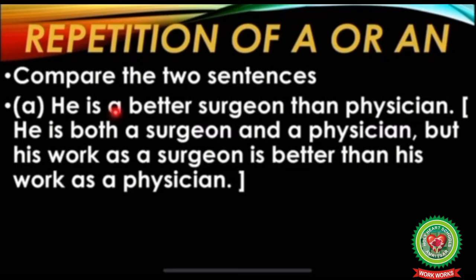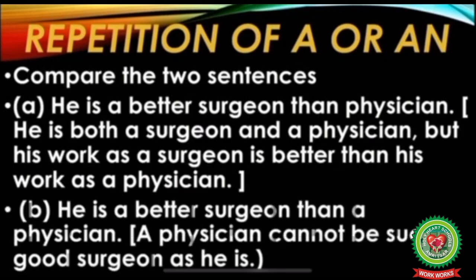He is both a surgeon and physician, but his work as a surgeon is better than his work as a physician. Similarly, children, when we are using two articles in the same sentence, he is a better surgeon than a physician, this means we are comparing two persons. We are saying a physician cannot be such a good surgeon as he is. I'm talking about some other physician, and he is a surgeon.